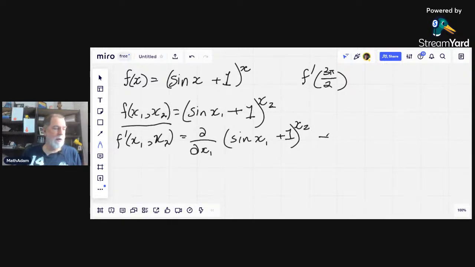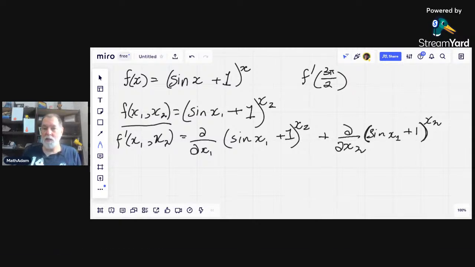And then we're going to add the partial derivative with respect to x sub 2 of sine x sub 1 plus 1 to the power of x2. Now the bit in parentheses here, we're holding constant, and we're going to differentiate the exponential.